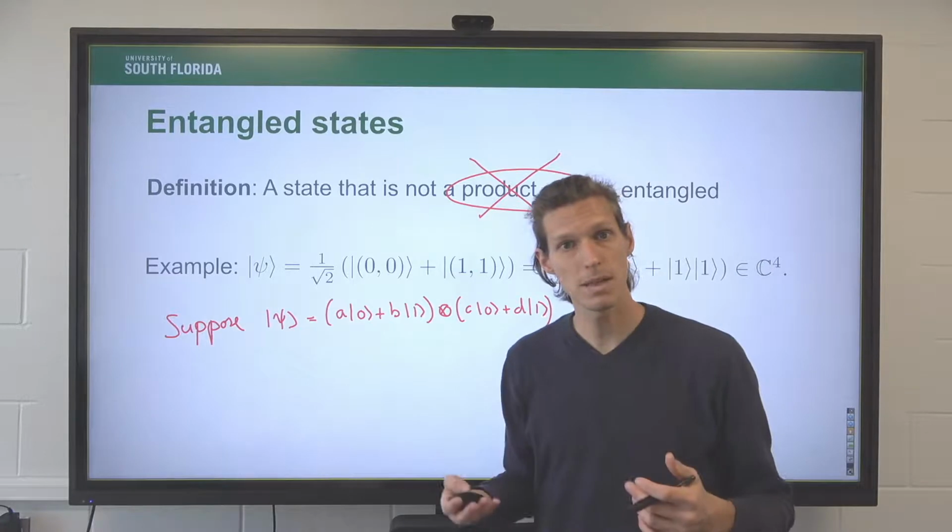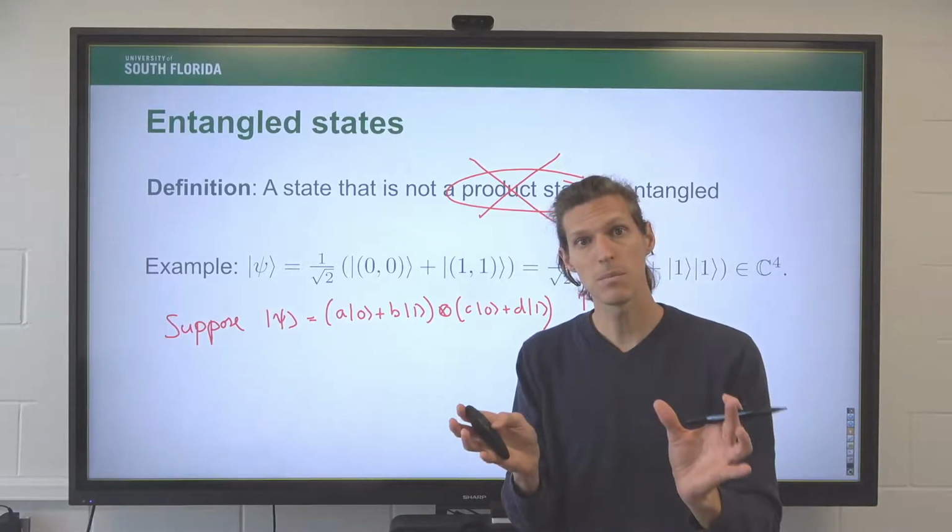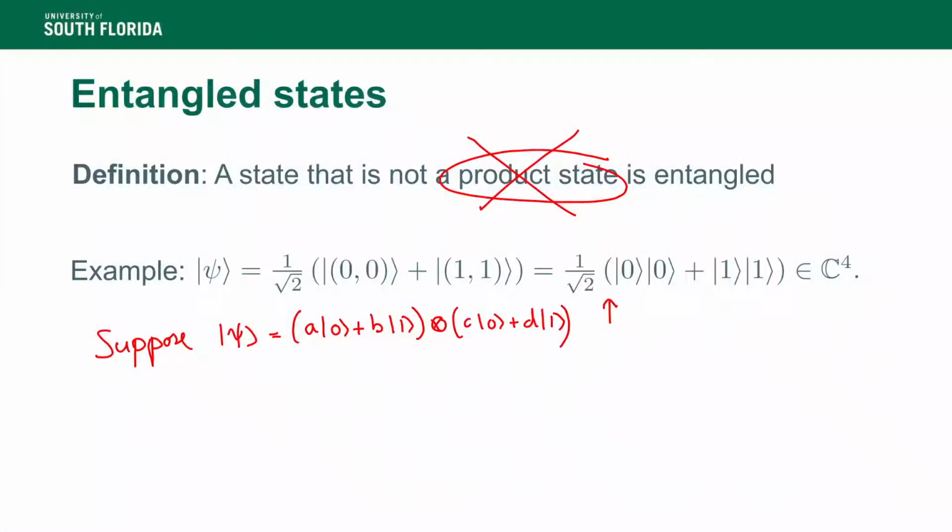So I'm gonna expand this product, and I'm gonna then identify each coefficient. So let's expand the product first. What we have is AC |0>⊗|0> plus BD |1>⊗|1> plus AD |0>⊗|1> plus BC |1>⊗|0>.